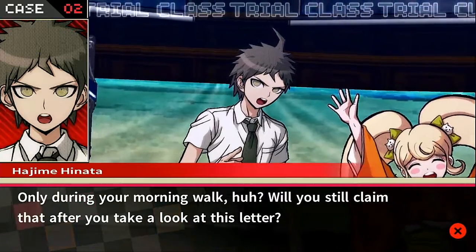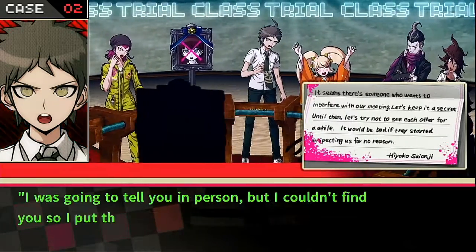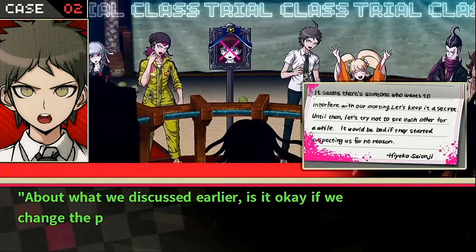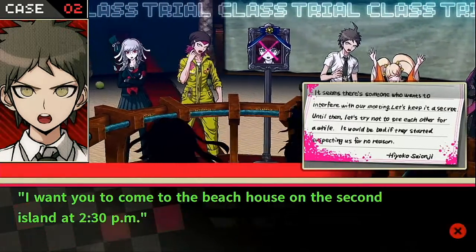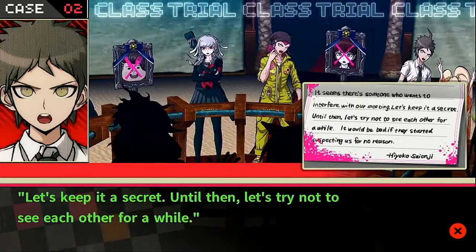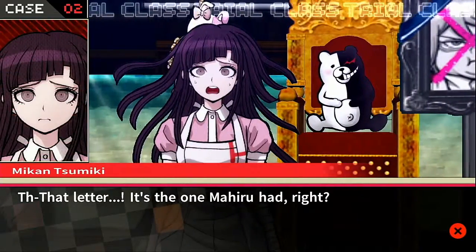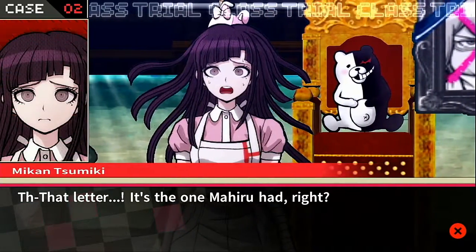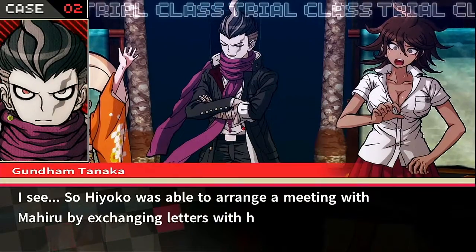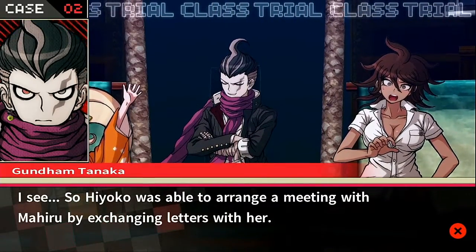Will you still claim that after you take a look at this letter? That letter! It's the one Mahiro had, right? I see. So Hiyoko was able to arrange a meeting with Mahiru by exchanging letters with her.